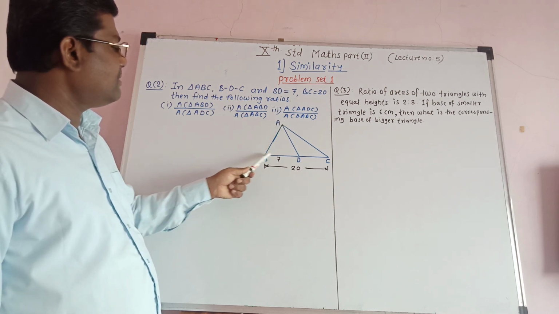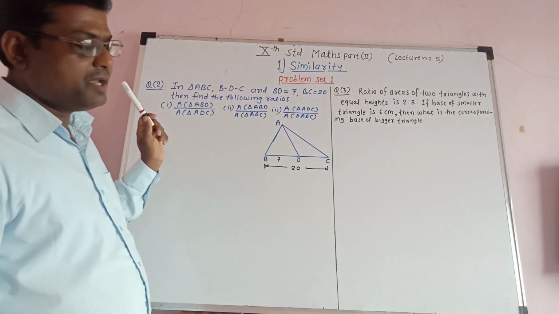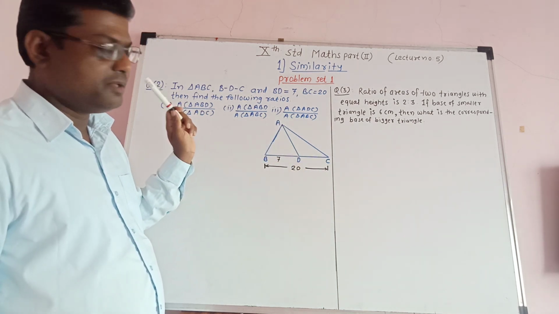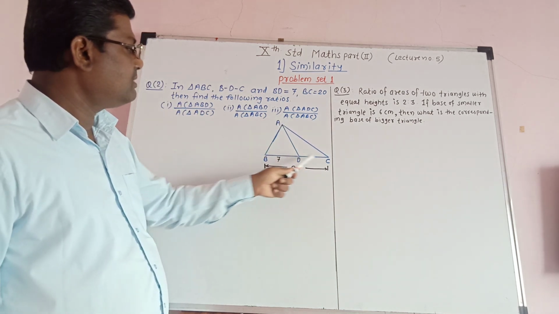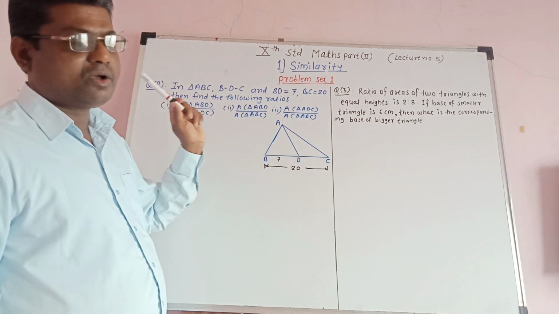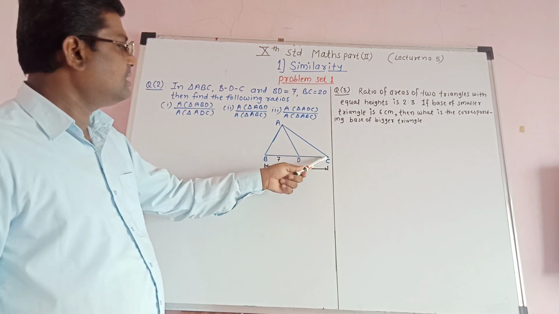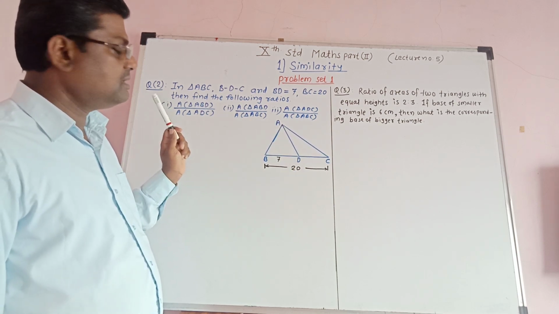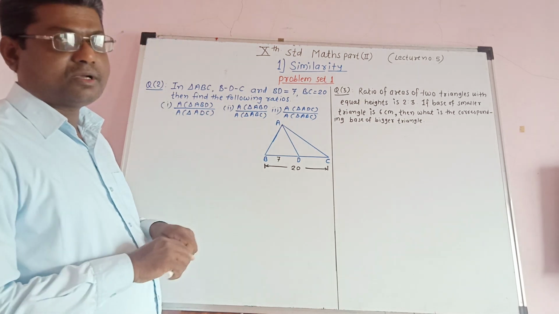In triangle ABD, BD is a base. In triangle ADC, DC is a base. In triangle ABC, BC is a base. All these bases are on the same line BC and they have common vertex A. Therefore, all these triangles have equal height.